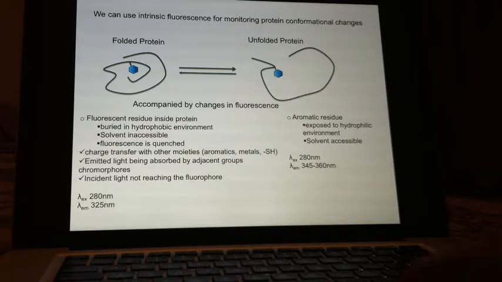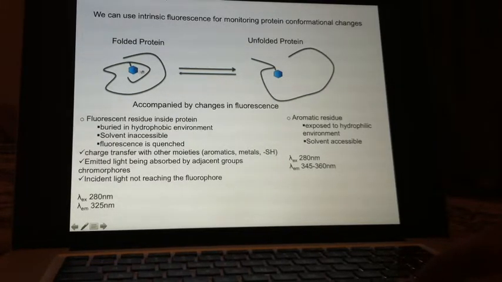Here we can see a protein which has a fluorescent moiety inside. Usually in the native state it's folded, and the fluorescent moiety usually lies buried inside the hydrophobic environment of the protein. It's solvent inaccessible. There is limited access of solvent to this fluorophore, and the fluorescence is usually quenched in this state.